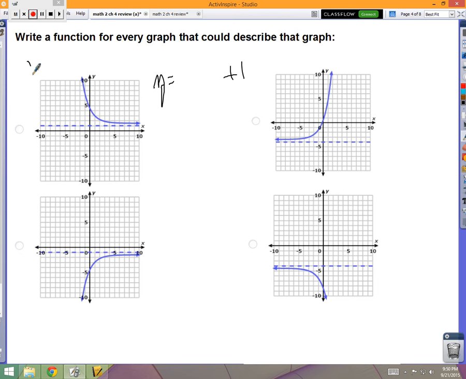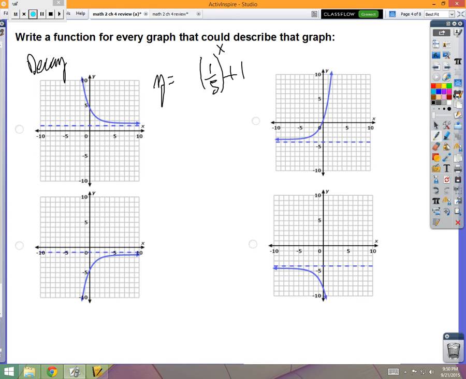So this one has to be decay. And that means whatever you've got in the parentheses, you're dividing. So it's going to be a fraction. If I put 1/5, that means I'm dividing by 5 every time. So I've got x right there, and you could leave it right there. This graph and equation could match each other. They could describe each other.